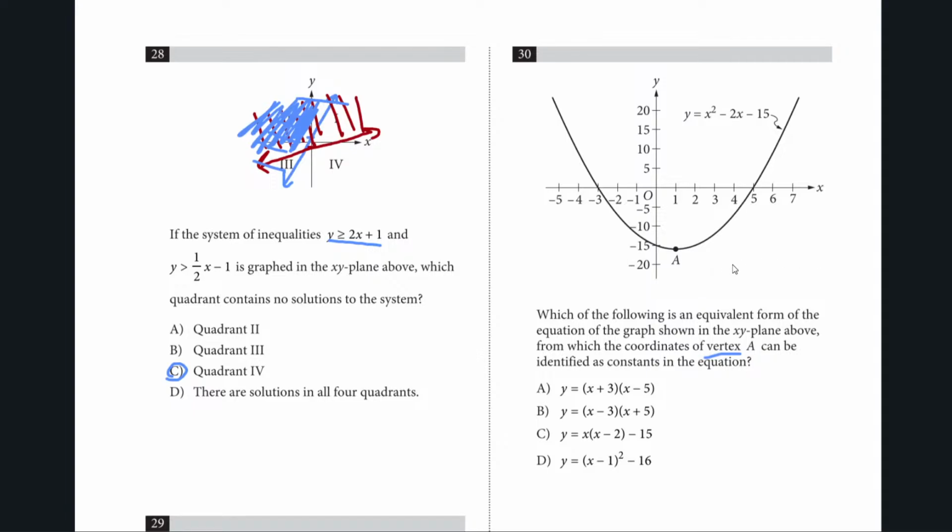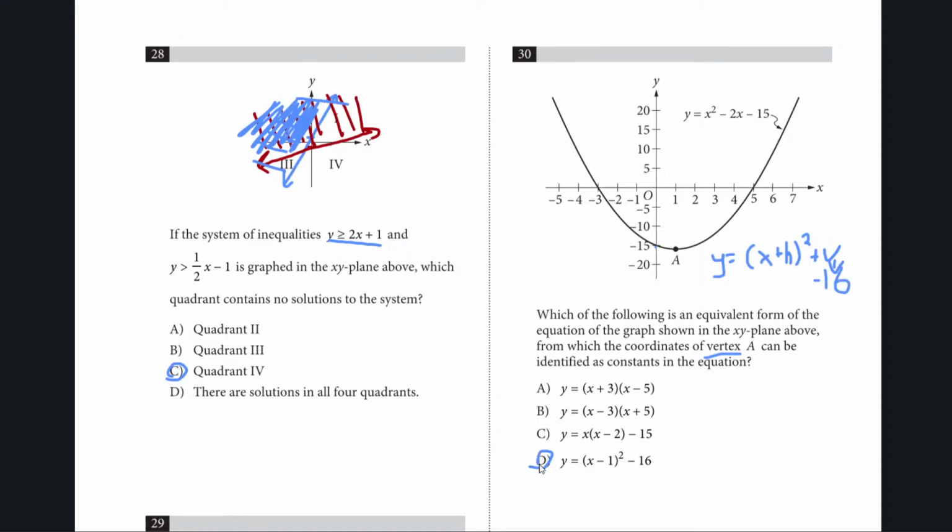The vertex form of a quadratic is y is equal to (x plus h) squared plus v, where h is the horizontal shift and v is the vertical shift. We see that A looks to be at -16. It's not really at -15. So let's say -16. So the vertical shift is down 16.